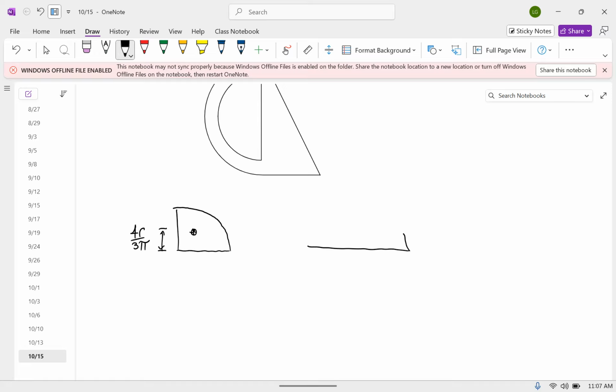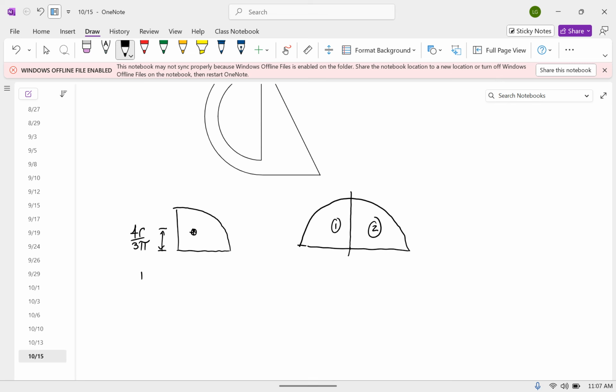And so now let's think about a semicircle. Well, you know this is a line of symmetry, so you know it has to be right along the middle there. But what about the y value? So we'll break this up into 2 pieces, 1 and 2, and think about the sum formula.